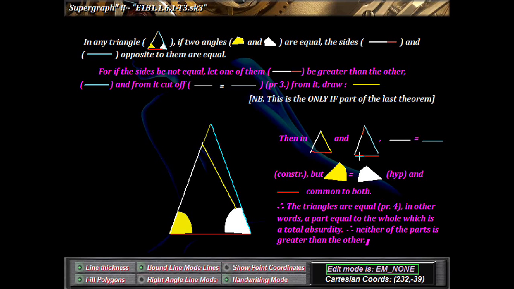This has the same angle here and a common red. This one has a common side and the same angle, right?